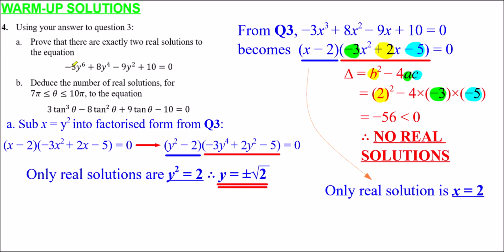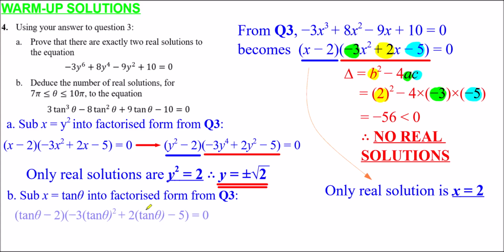Part B, we can now use, again from question 3, the substitution that x is now tan theta to solve this trig equation. So for 4b, if we sub x as tan theta into this factorised form, we get this here.